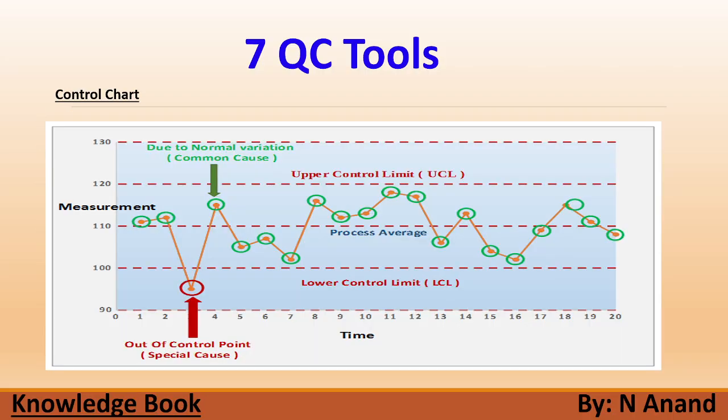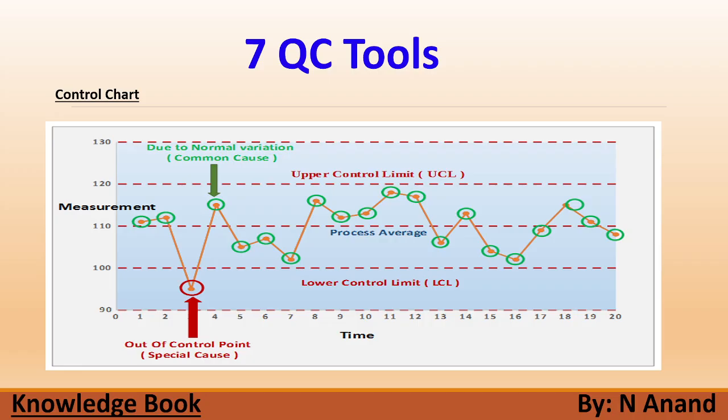Here you can see there is an upper limit and a lower limit and the mean line. All the data is plotted against the mean line, and all the data shows within the upper limit and lower limit.